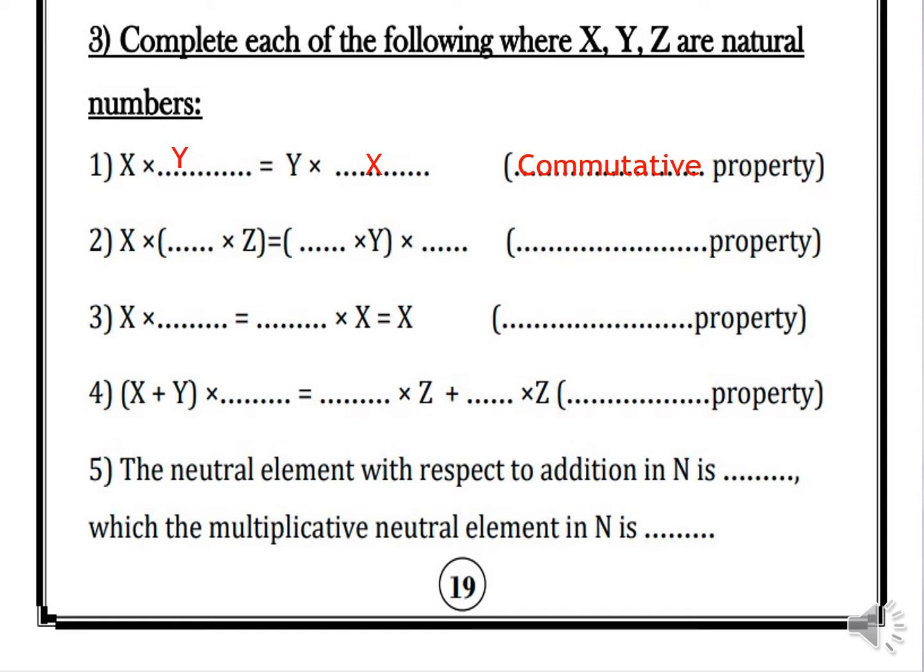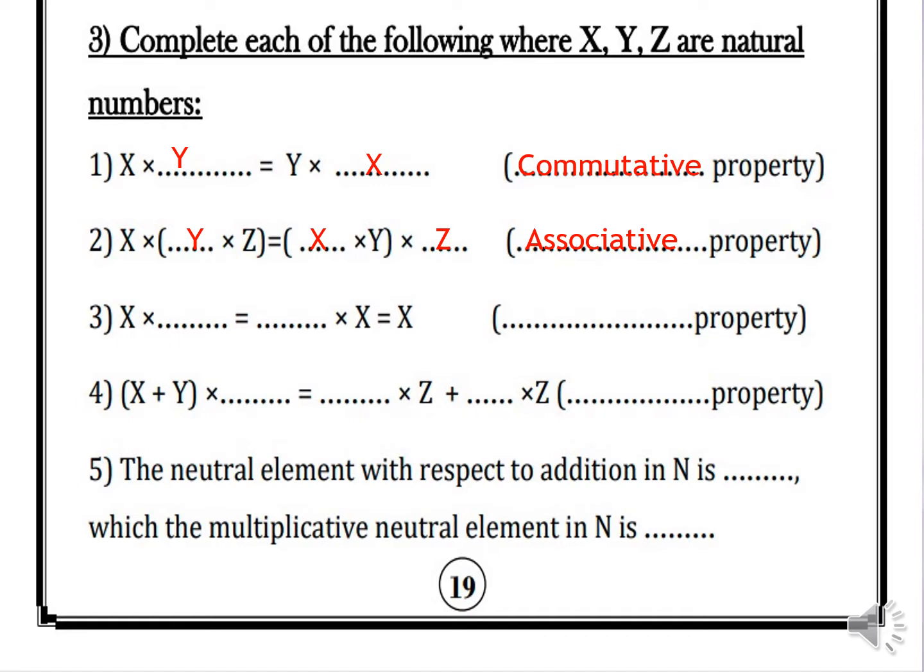And the third number in the left-hand side is z, so it must be z also in the right-hand side. So I have x times y times z equal x times y times z. The right-hand side equals the left-hand side. And this is the associative property. I'm just changing the places of the brackets.